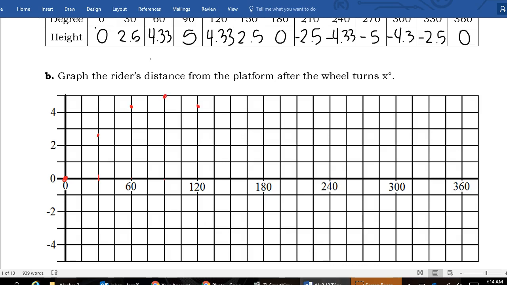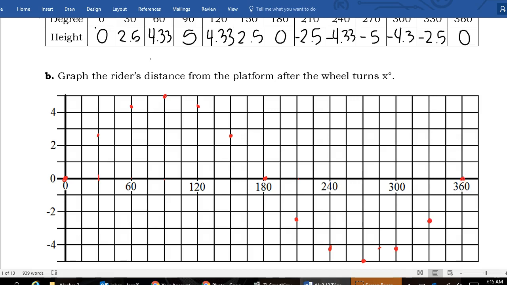And then once I have those set up, it's not too bad to keep going the opposite direction. And then here, we're at negative 2.5, negative 4.3, and 5. Negative 4.3 again would be here, 2.5, and then back to 0.